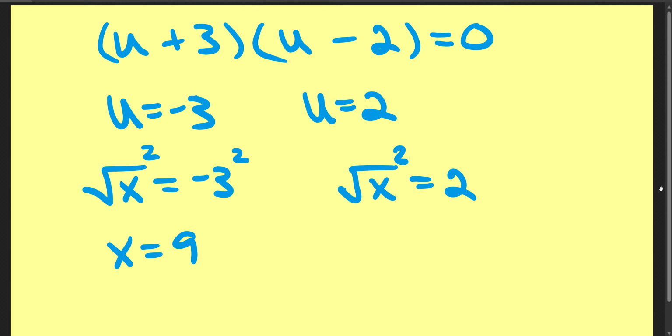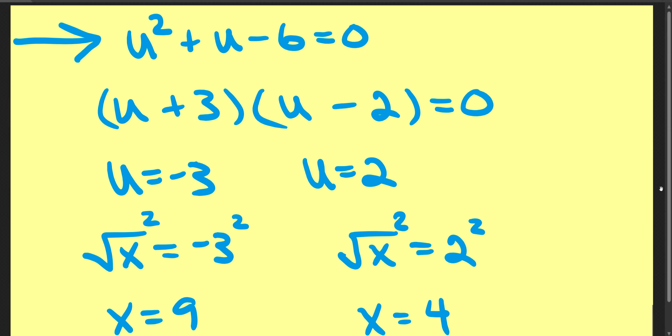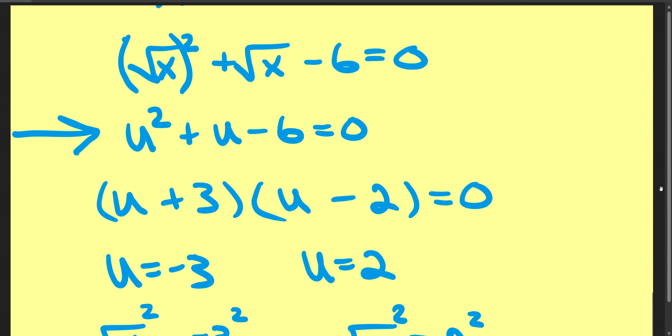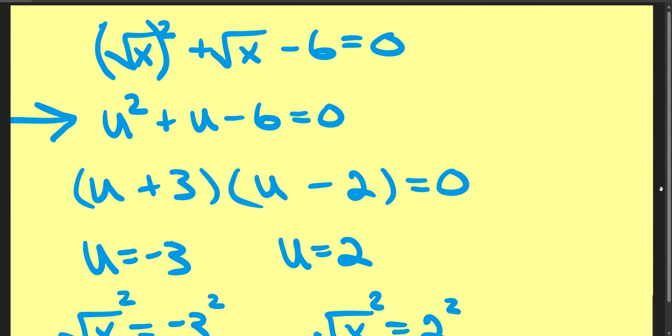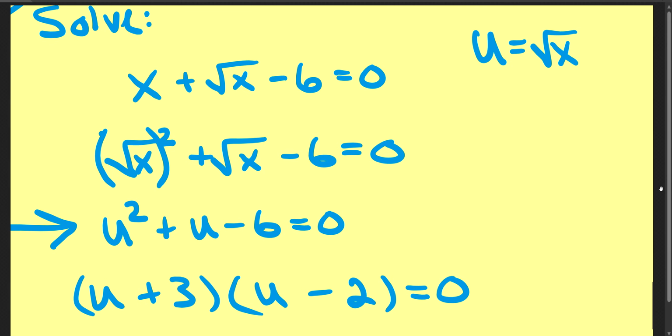And if I square both sides here, I'm going to get x equals 4. And this is what I have to plug into my original equation to see which one's right, and maybe there's an extraneous solution for one of these as well. So 9 and 4 is it.